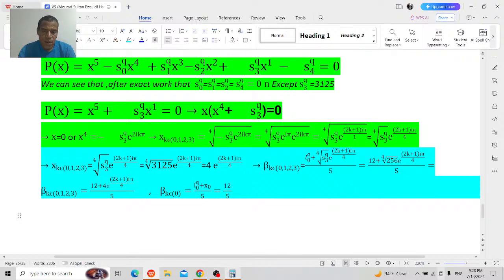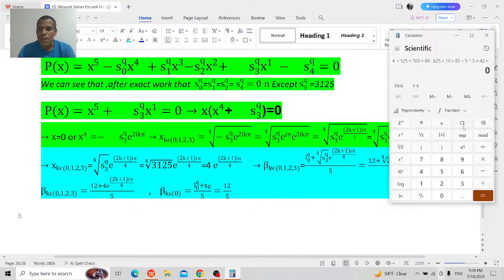I will write the root of 3,125 to the power 1 over 4, which means 0.25.